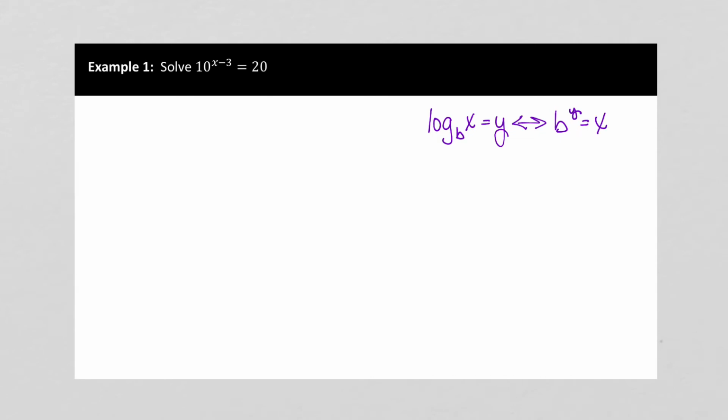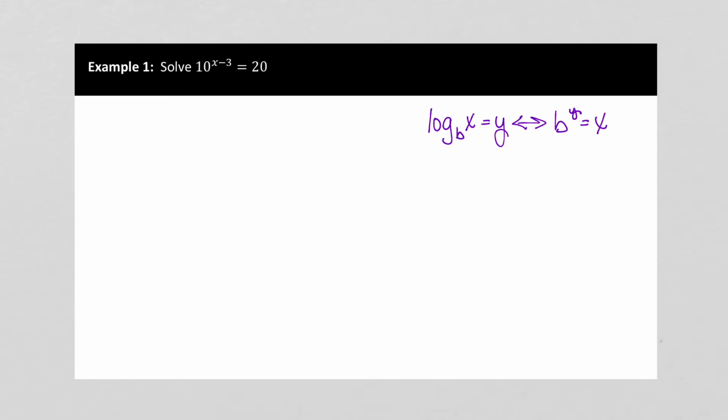Now, why does this help us? Because often we will need to change our equation from a logarithm to an exponential in order to solve the equation. Occasionally, like in this case, we'll need to do vice versa and change to a logarithm.